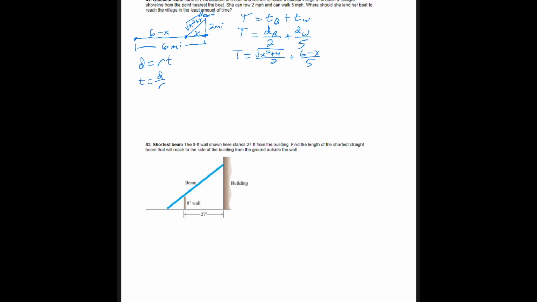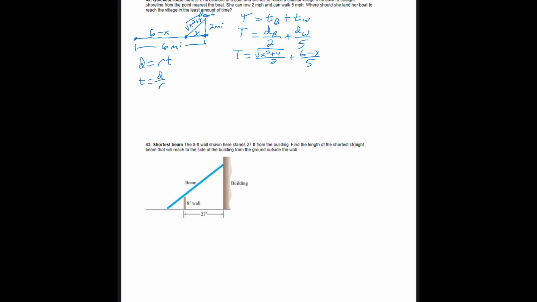Okay, and so now we can substitute those into our formula. So time is going to be the square root of x squared plus 4 over 2 plus 6 minus x over 5. Now what we're trying to do is minimize the amount of time it takes for her to make it there. So now that you've written the equation, you have two options.